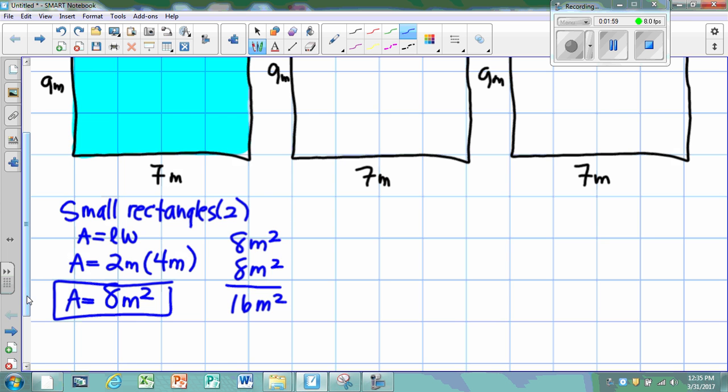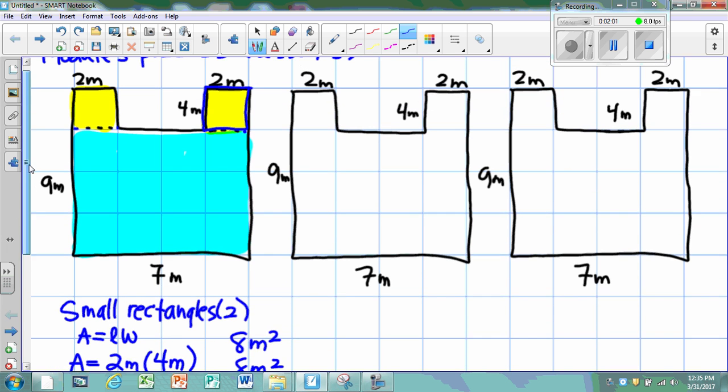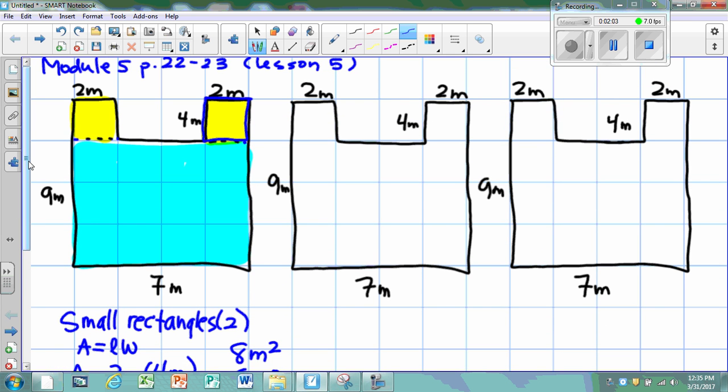area for that part. If we go up and take a look at the blue square, we've got a length here of 7, but now we've got to figure out what the side is. And we know what part of the side is because we know that the parallel sides of a rectangle are equivalent.